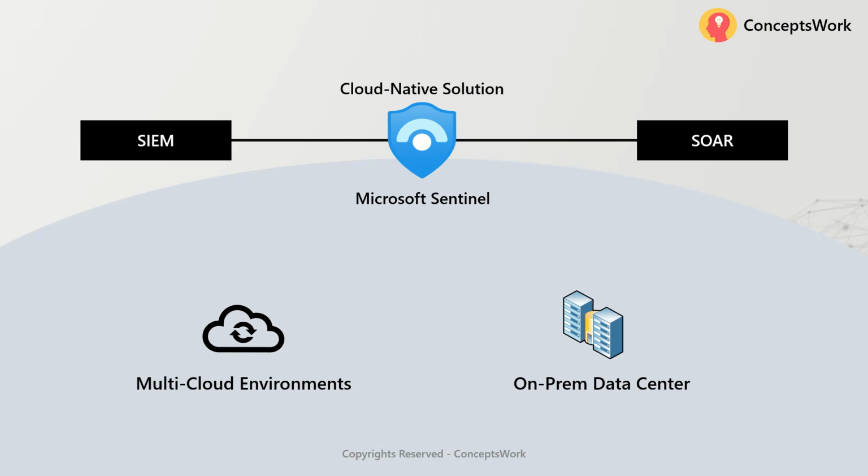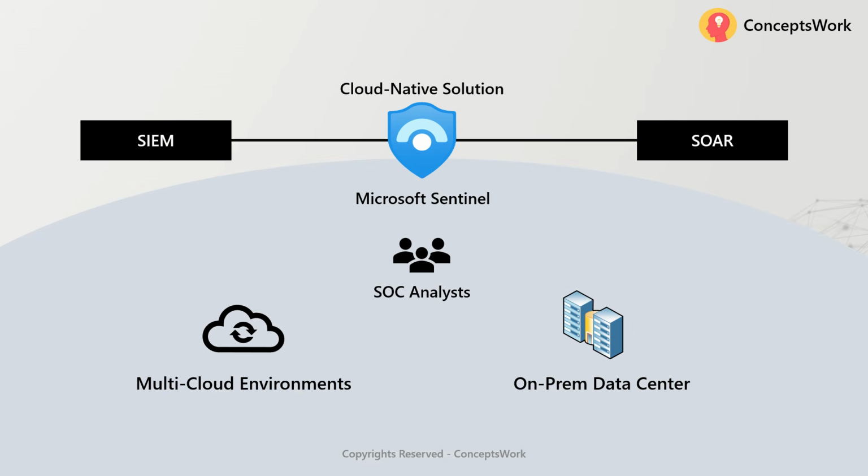Now, the question is why you need them? The answer is very fundamental: to protect your entire organization, be it multi-cloud environments or your on-prem data center. Microsoft Sentinel also offers you a single console for entire incident management, which can be accessed by your SOC analysts.